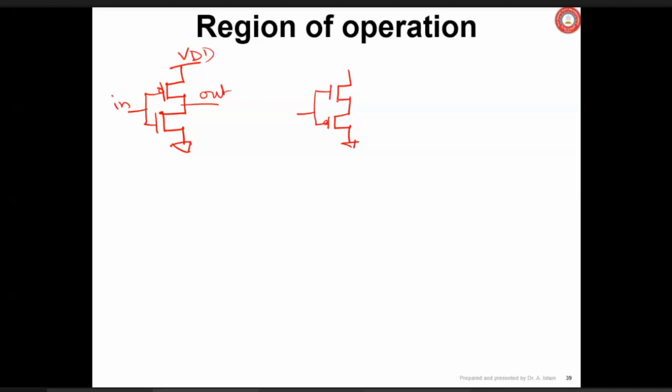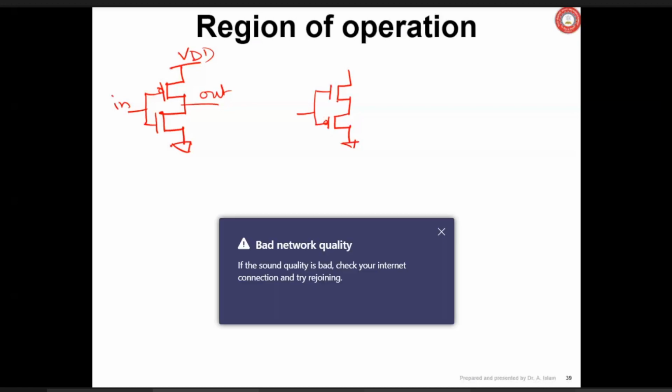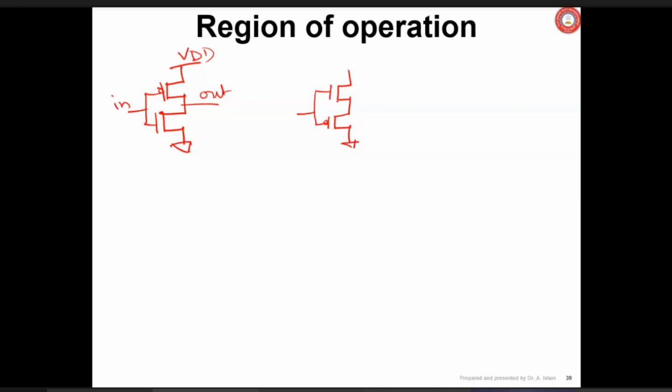So it amplifies the signal and sends it, instead of using multiple stages, use a single buffer. The signal is amplified. You are giving low, getting low, giving high, getting high.